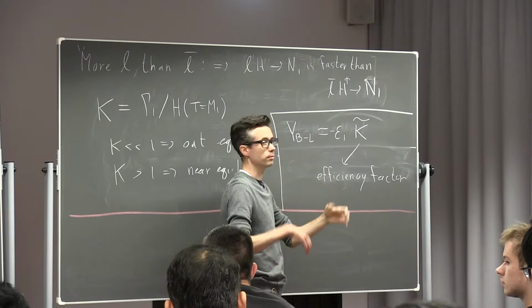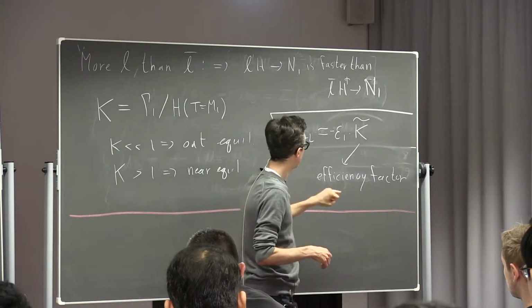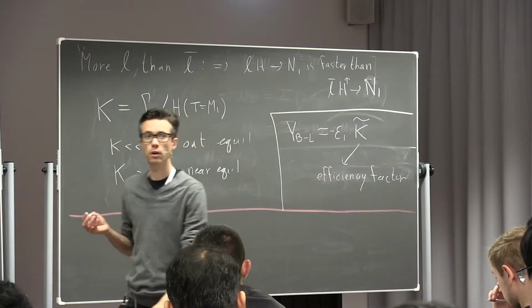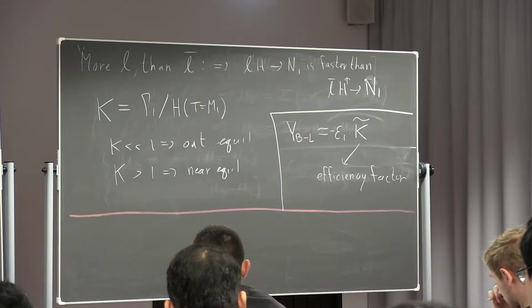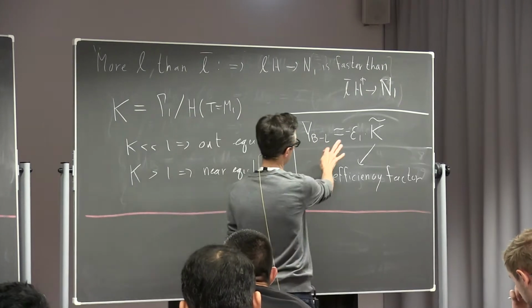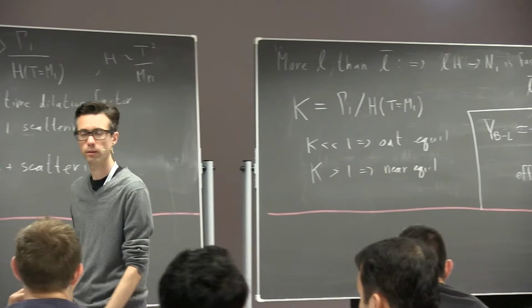You need baryon number violation to get a non-zero B minus L through the sphalerons. And finally, for the efficiency factor to be non-zero, you need a departure from thermodynamic equilibrium. So this final result essentially encapsulates all the Sakharov conditions as they apply to this standard type 1 leptogenesis scenario.